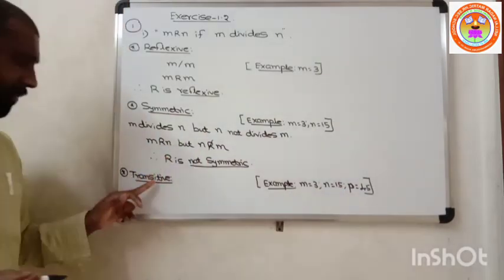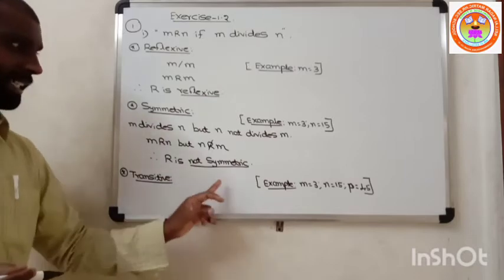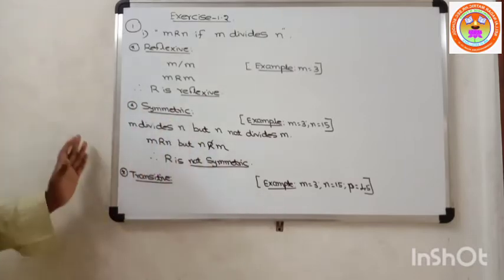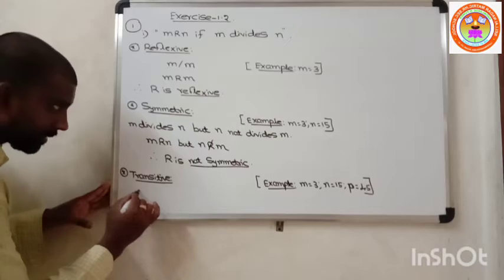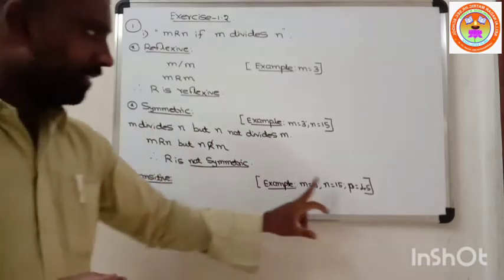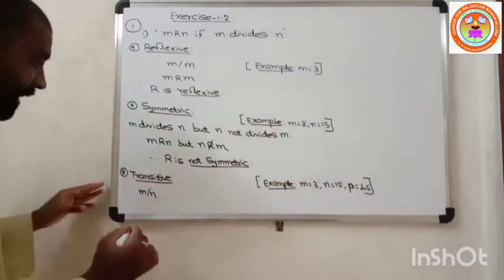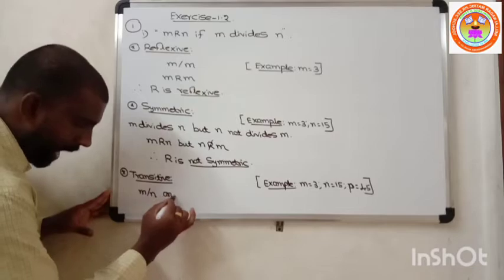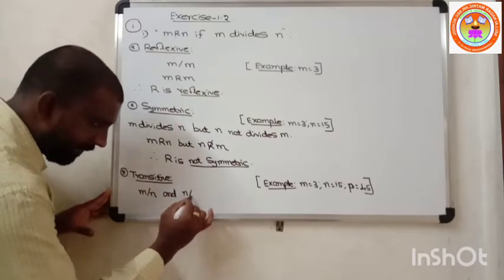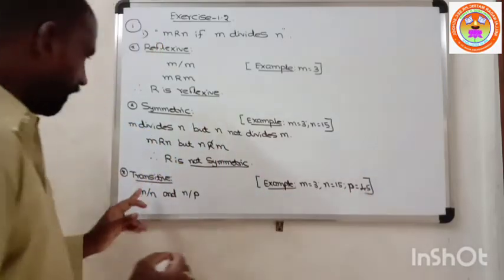What is the definition given for transitive? a related b, b related c, then a related c. So m divides n: 15 divided by 3 is 5. n divides p: 45 divided by 15 is 3.